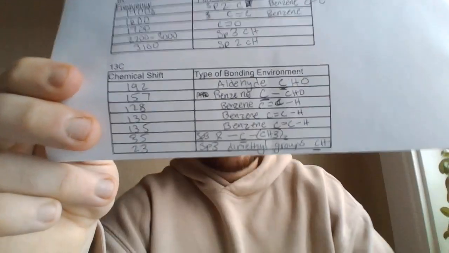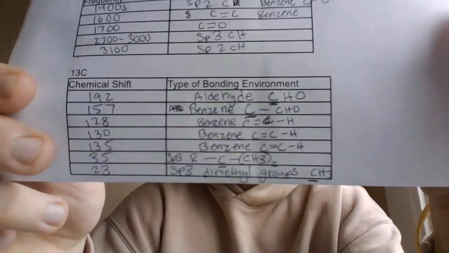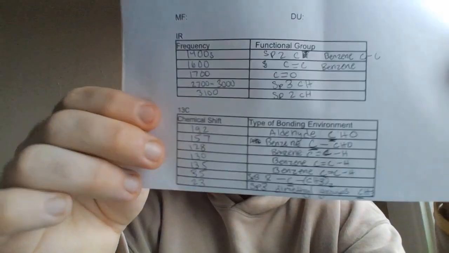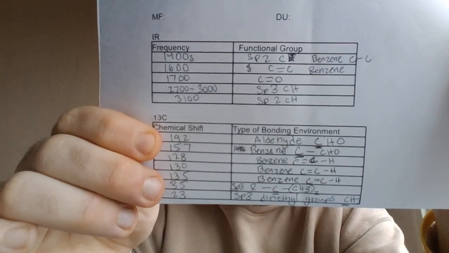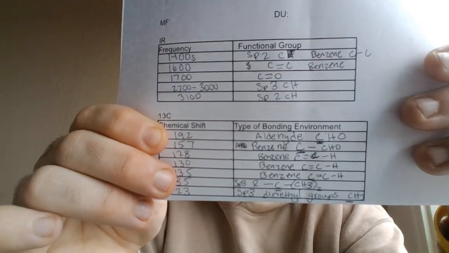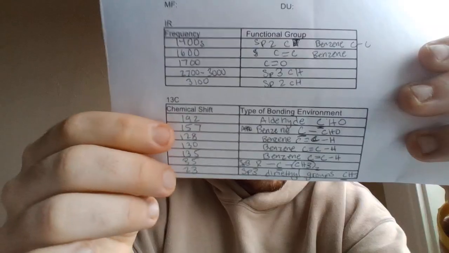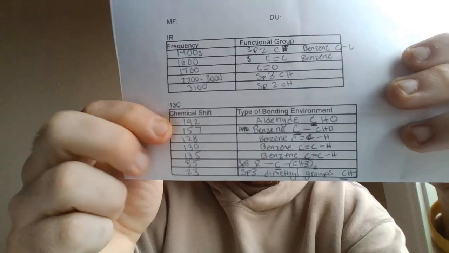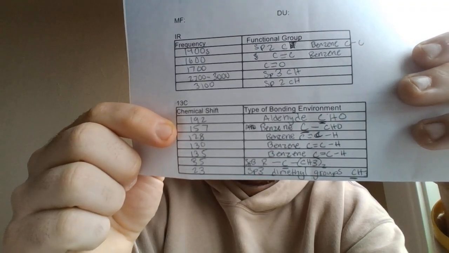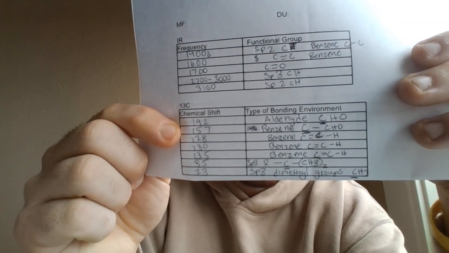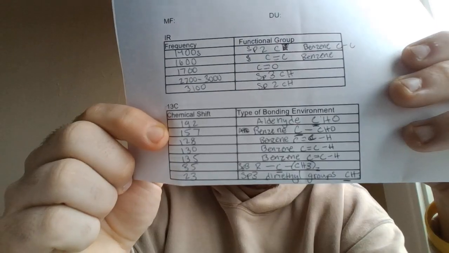Next is the carbon-13 graph, which starts at 192. So we're going to start all the way downfield at 192 with the aldehyde group. We're measuring the carbonyl carbon, double bonded to the oxygen and single bonded to the hydrogen. And then next down is the aromatic benzene ring carbon that is attached to the carbonyl carbon functional group, which we can consider carbon 1 or carbon 4.